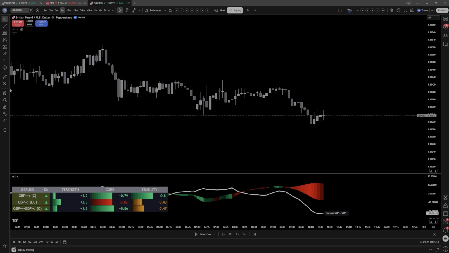But we do have strong correlation, which means that we can trust that the correlation is correct. There's just no strength. So what we're seeing here is what we do want to see, as the baskets are giving us correct information. It's just no movement. So get rid of that.